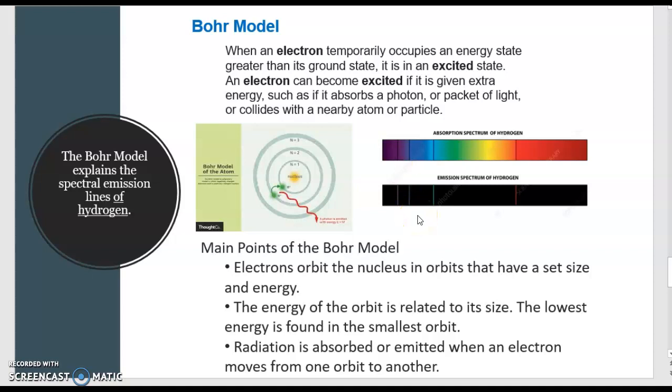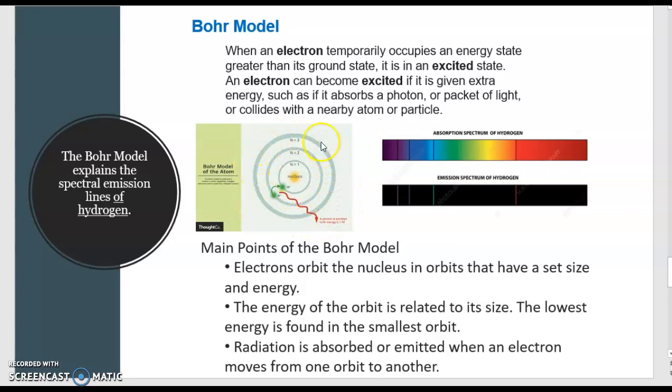Bohr's model has electrons orbiting the nucleus in orbits that have a set size and energy. So what he's saying is an electron can orbit the nucleus, but it doesn't just have one possible orbital. It can orbit at one level, but it can also orbit at another level, which would be a higher energy level, or it could orbit at another level.